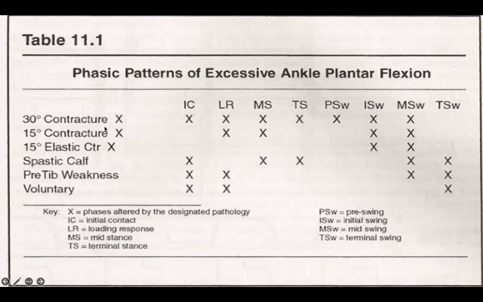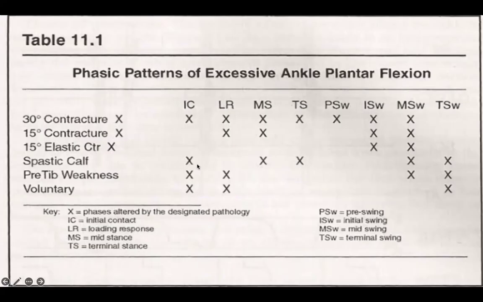If there is an elastic contracture, then none of the stance phase will be affected. Only the swing phase will be affected. If there is a spastic calf, then initial contact, mid stance, and terminal stance will be affected. Normally there is dorsiflexion at the ankle during the gait cycle.